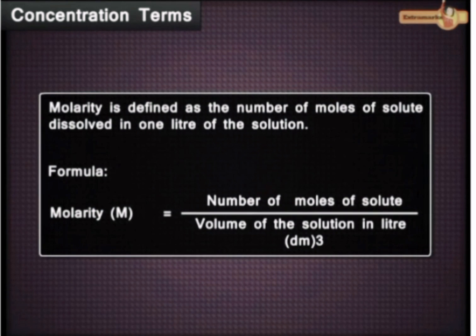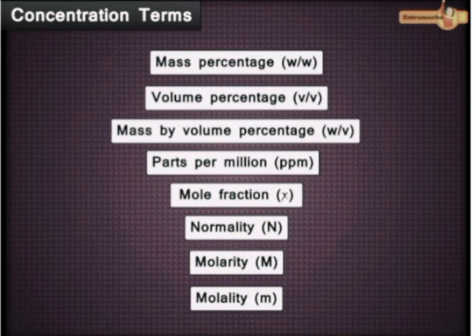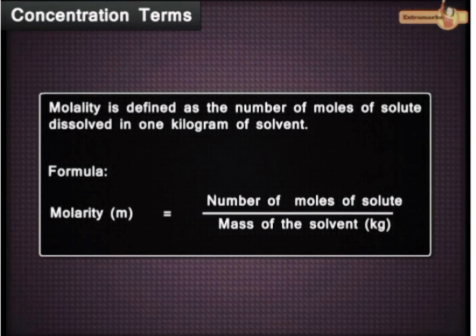Molarity is defined as the number of moles of solute dissolved in 1 liter of the solution. Molality is defined as the number of moles of solute dissolved in 1 kilogram of solvent.